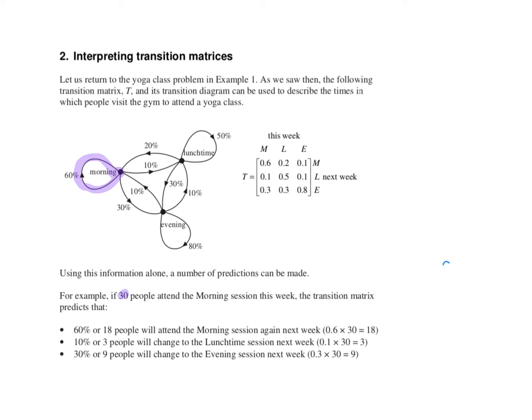So if there were 30 to begin with, 60% of 30, 18 are going to go back to a morning session. And then 10% are going from morning to lunchtime, so 10% of the 30 people means 3, and so on. So this is just another example interpreting for you.